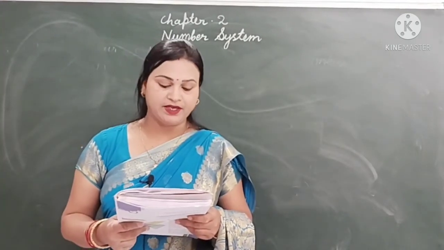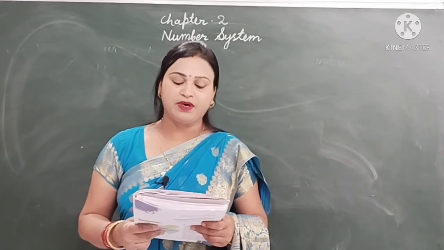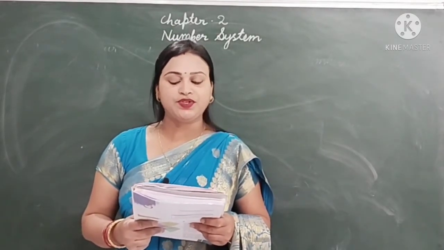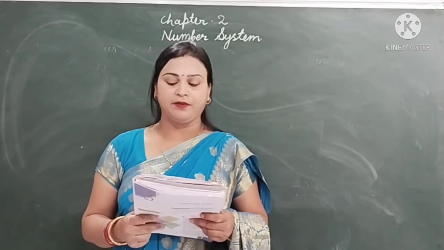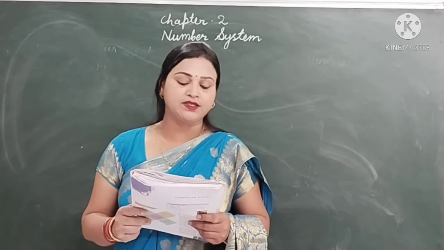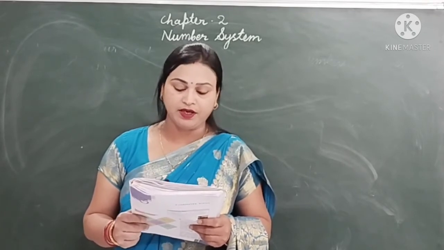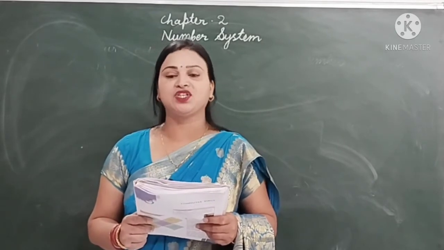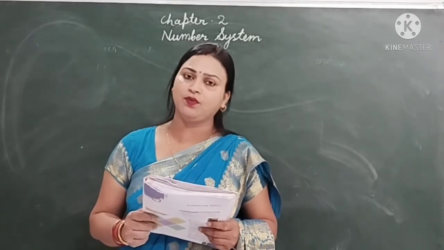Now question number 10. Convert the number 1010 base 2 into decimal and then verify. Means here that is, reconvert the resultant decimal number into binary and check if the result matches with 1010 base 2.